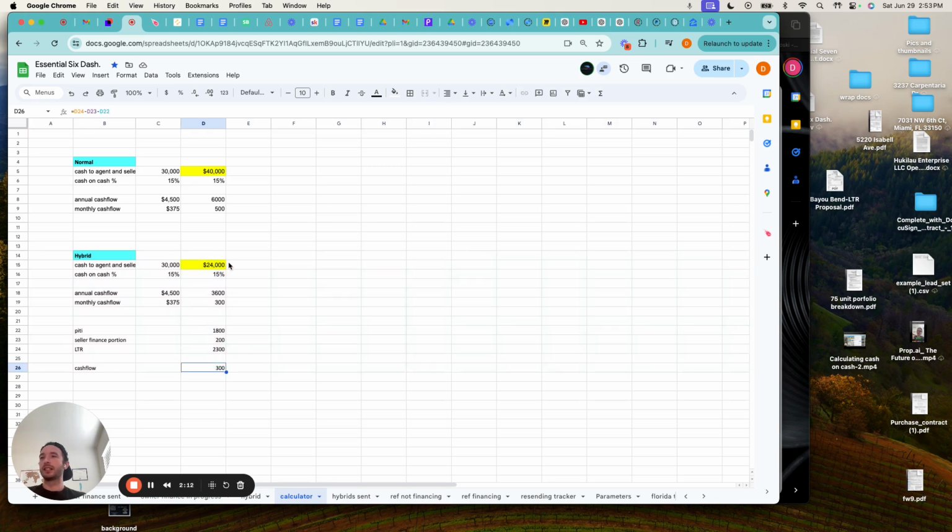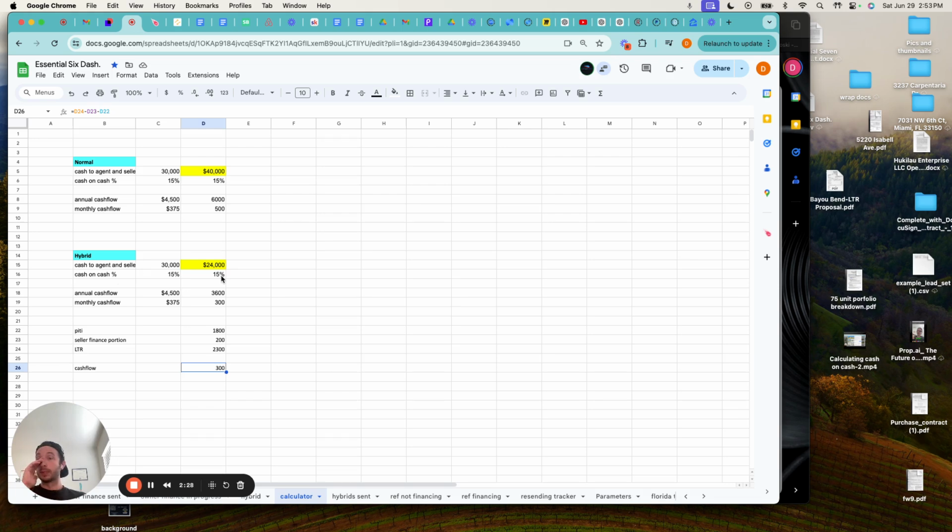As you can see, with the smaller cash flow, it does influence how much cash we can give at closing now. Like it does drop noticeably because we do need the 15% cash on cash.